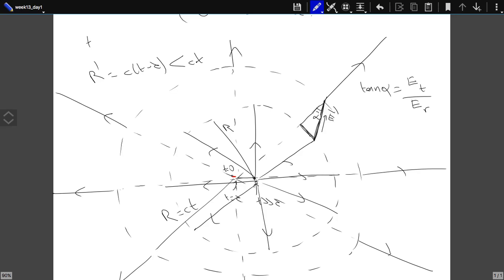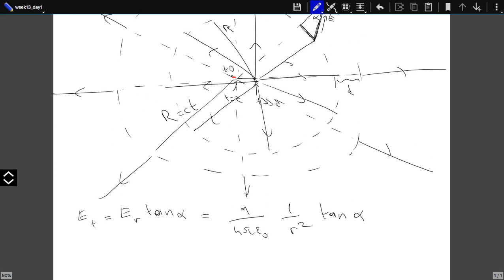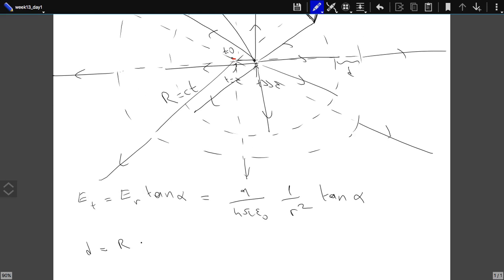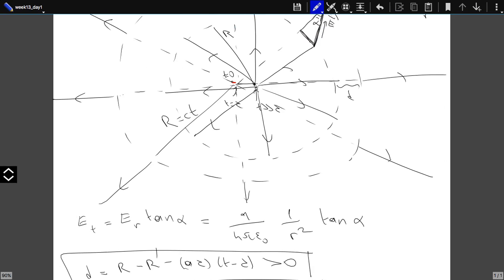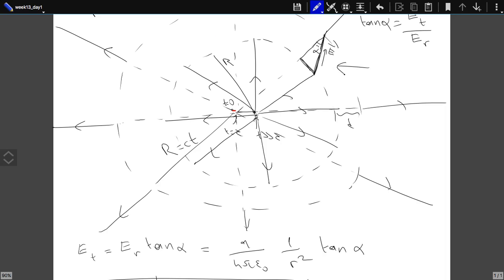You see, that distance, if you are interested in, let's call that d. d would be r minus r prime minus almost a times tau times t minus tau, because it's moving with this constant velocity for a time t minus tau. You can show that this is always larger than 0. Anyway, that's kind of a side discussion. What we are interested in is what is happening over here.